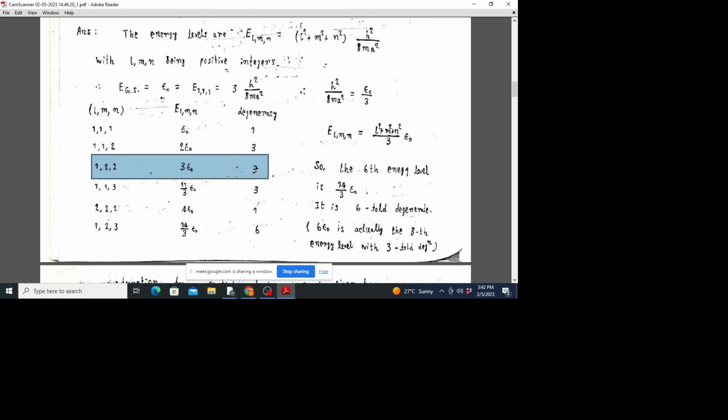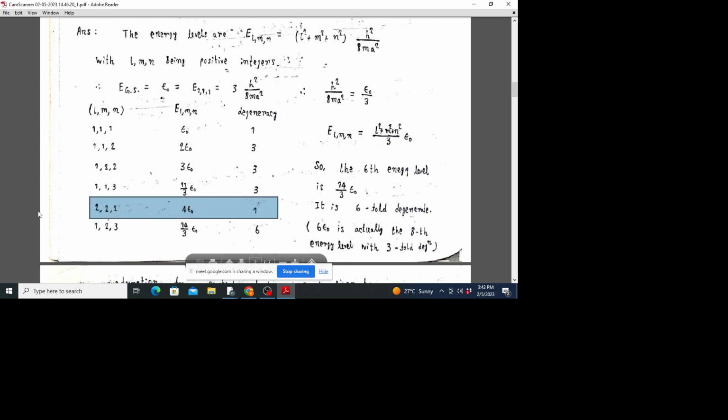So that is why the degeneracy is 3. Then the fourth one is 113. 113 gives you 11 by 3 epsilon naught. Again degeneracy 3.